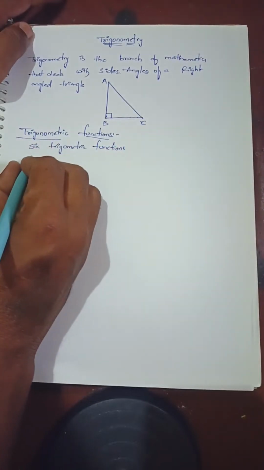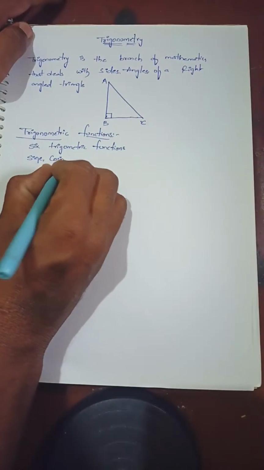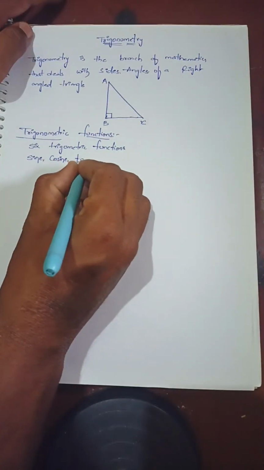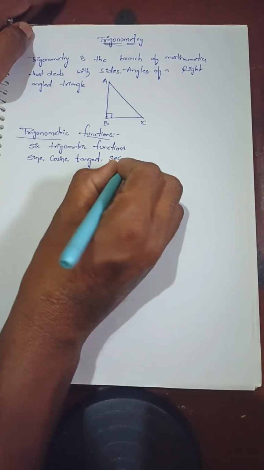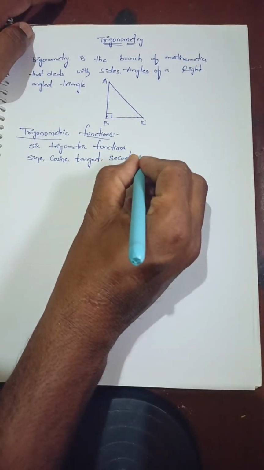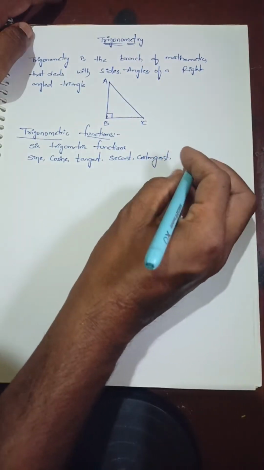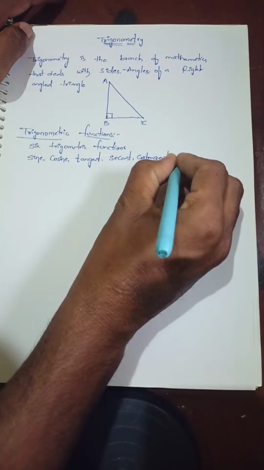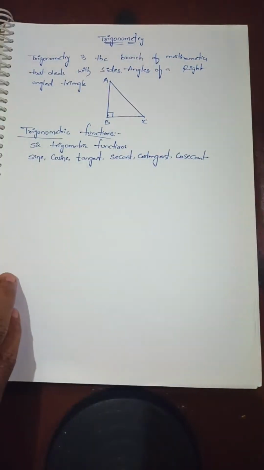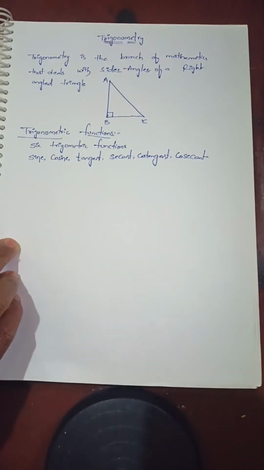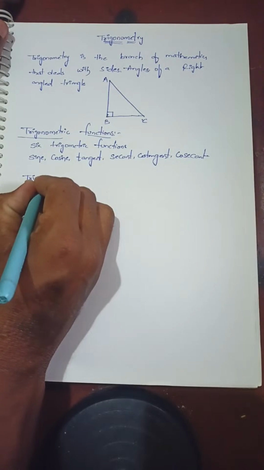Those are sine, cosine, tangent, secant, cotangent, cosecant. So these are the 6 trigonometric functions and we have 6 trigonometric ratios.